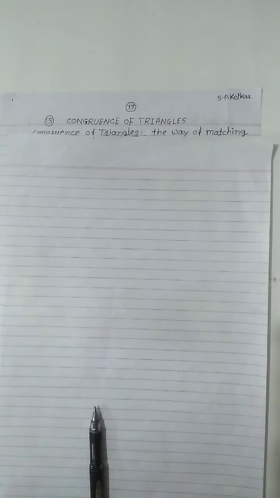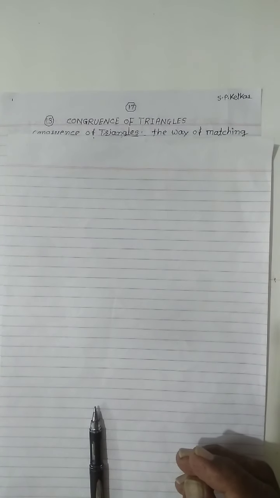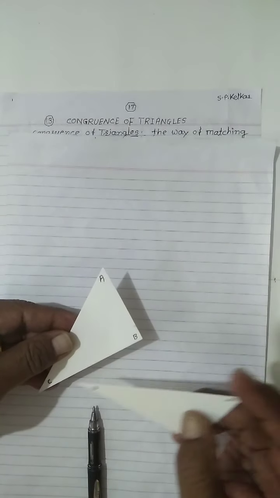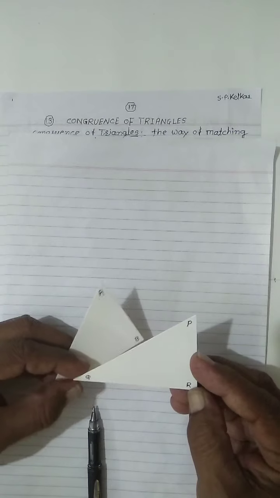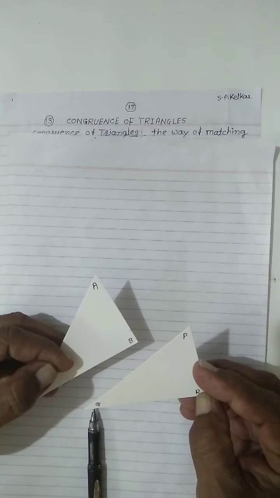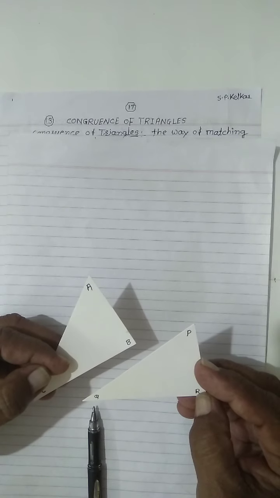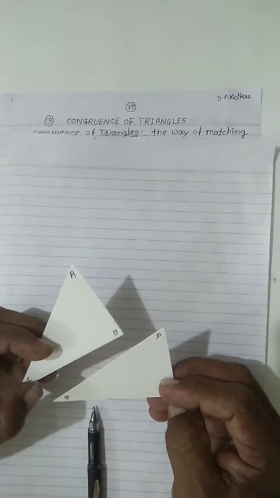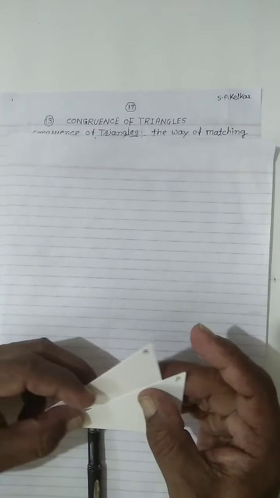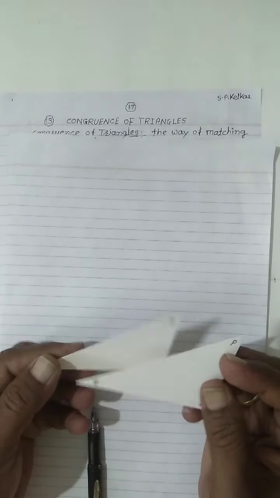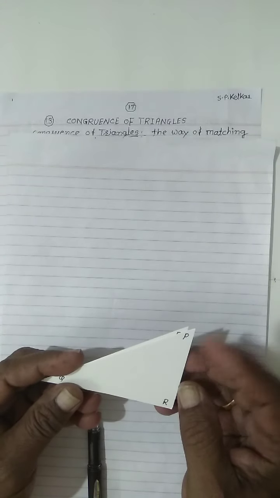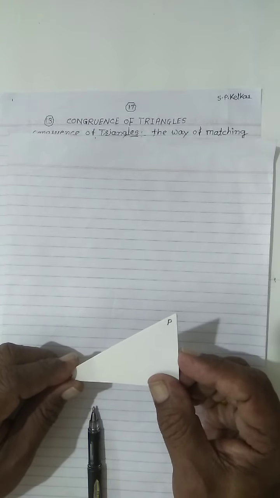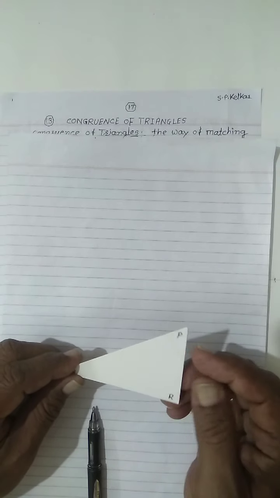If we take two triangles, see the triangle ABC and this triangle PQR. Now see, in these triangles ABC and PQR, if we put these two triangles in this way, then we see that the two triangles match exactly and coincide with each other.